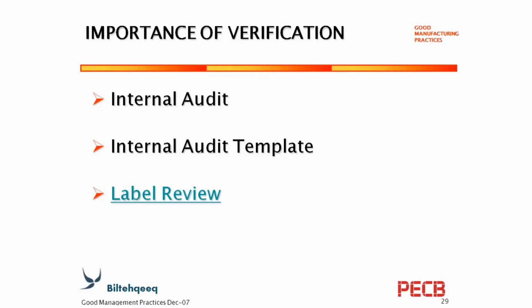Another issue is the label review. If you are using a label for your product, or you are labeling your product, before finalizing the contents of the label, different experts should review the contents of the label properly.